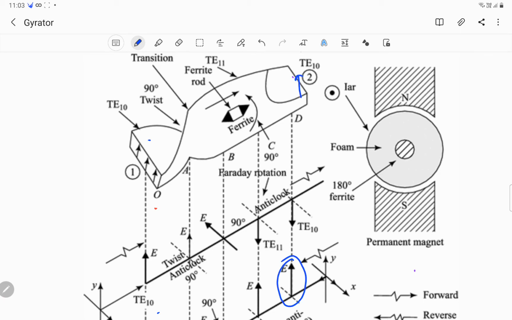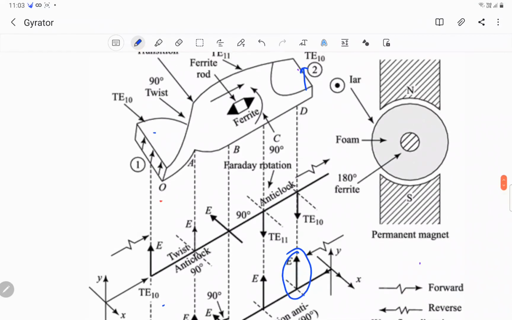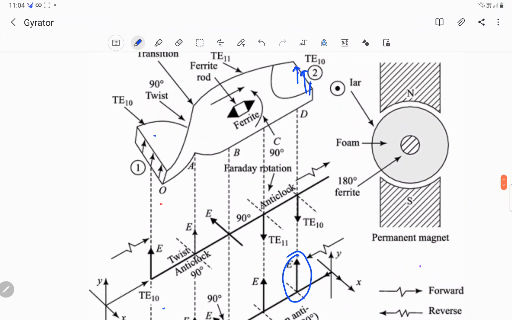Now when this wave reaches this ferrite rod, the ferrite tilts it by 90 degrees in the anti-clockwise direction, with respect to some point P on the axis of this device, this blue line.